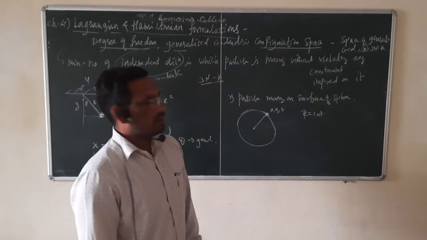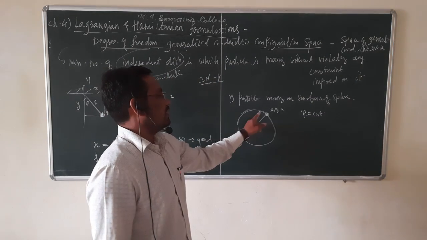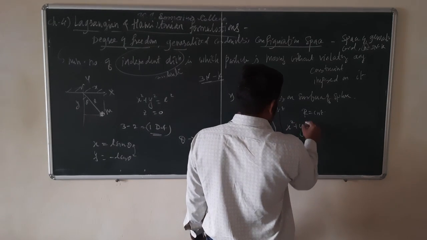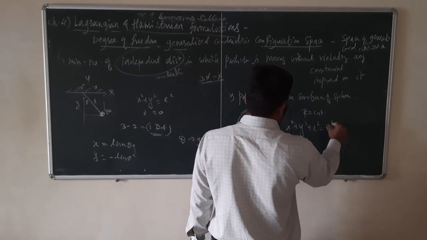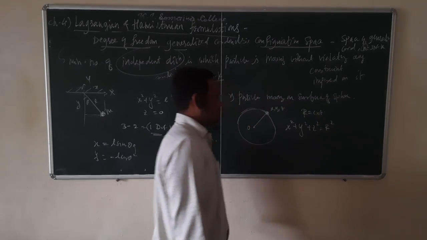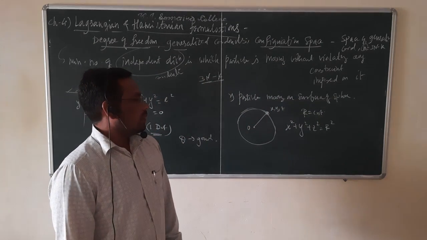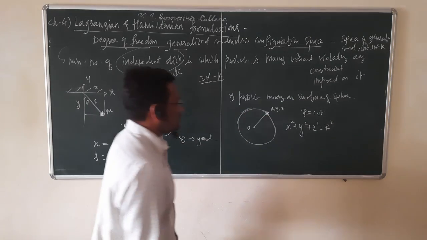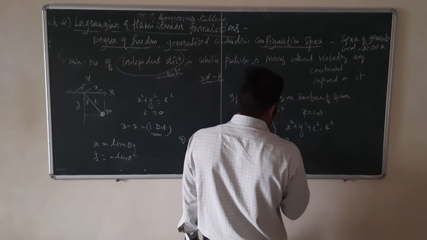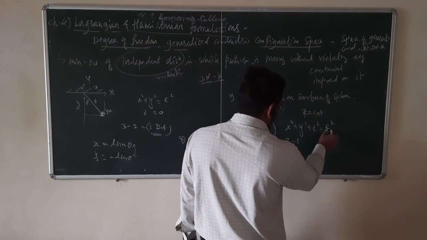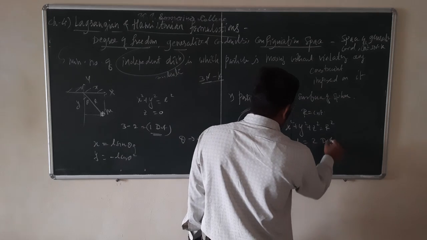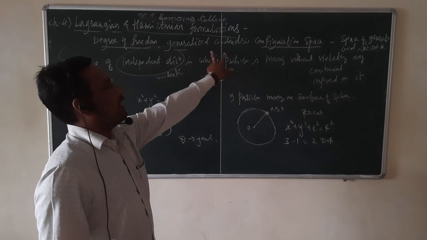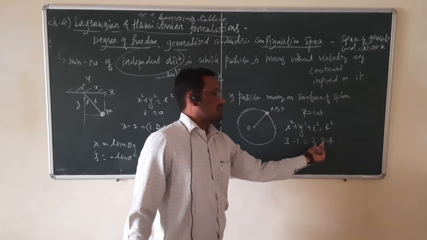This is the only constraint for a particle moving on the surface of a sphere. Or you can say x square plus y square plus z square is equal to r square if you choose the origin over here. Now if we have only one single particle, how many degrees of freedom are there? 3 independent directions minus 1, the only constraint equation, so we have 2 degrees of freedom. So there must be two generalized coordinates, and configuration space must be two dimensional.